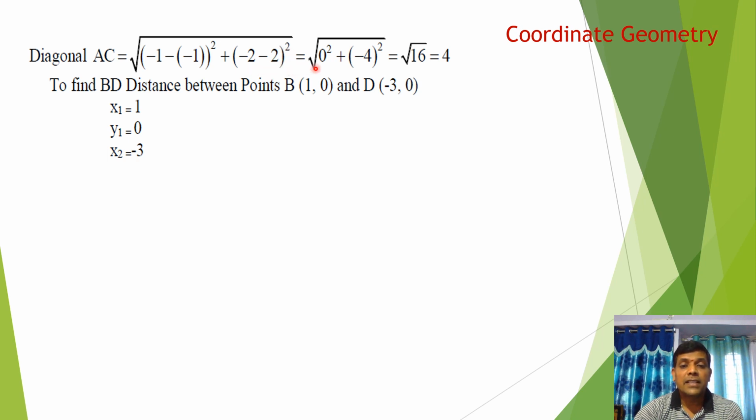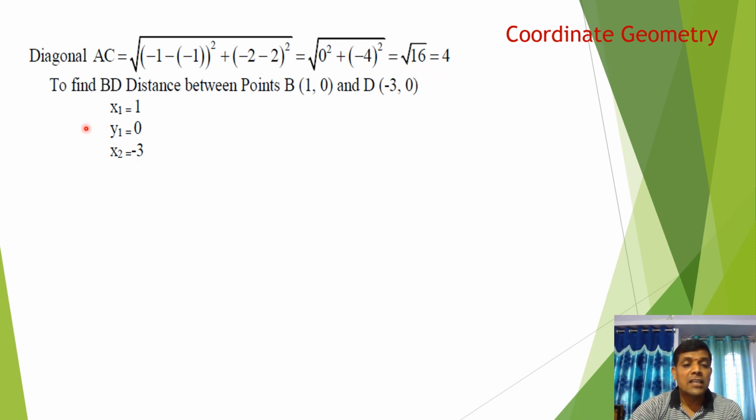So this is written as root over 0 square plus minus 4 square. So 0 square means 0, and 0 plus minus 4 square means minus 4 into minus 4, 16. So 0 plus 16 is equal to 16. This is written as root over 16. So what is the square root of 16? 4. So root 16 is equal to 4 units.